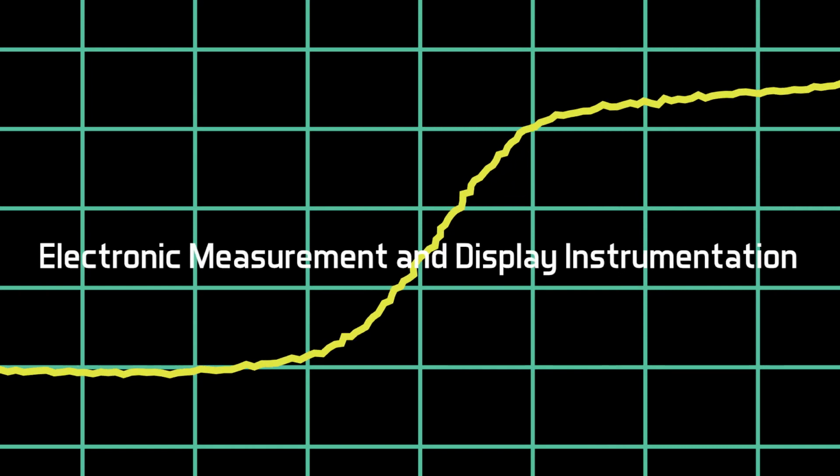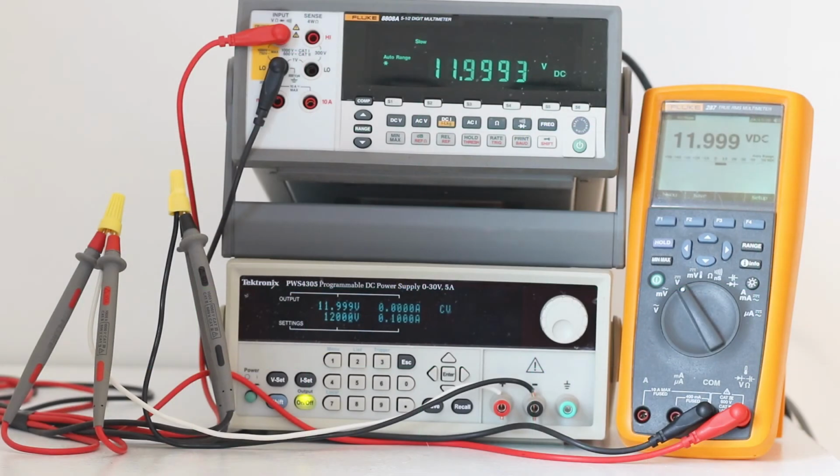The subject of this series of videos is electronic measurement and display instrumentation, ranging from the electrician's simple test light, which indicates presence and absence of voltage, to some far more sophisticated devices, such as the oscilloscope family of instruments, including the spectrum analyzer, waveform analyzer, and vector scope.